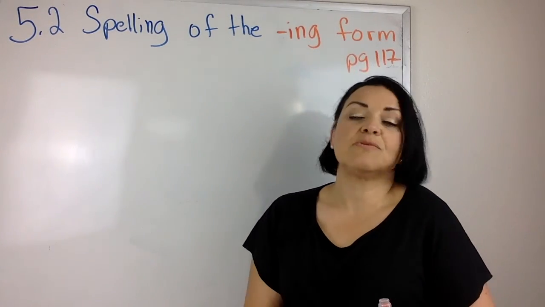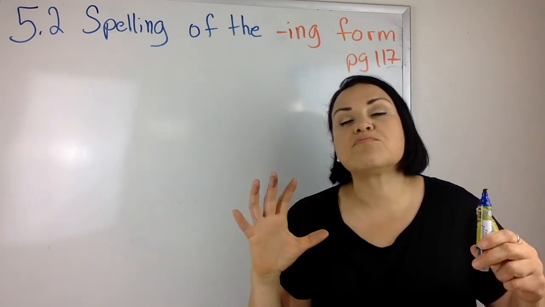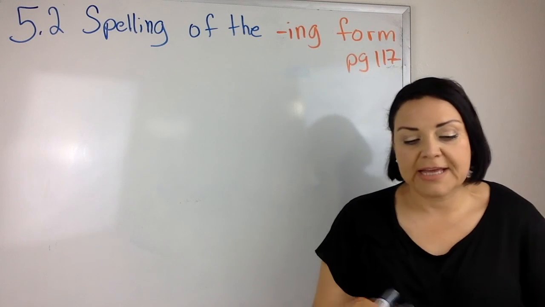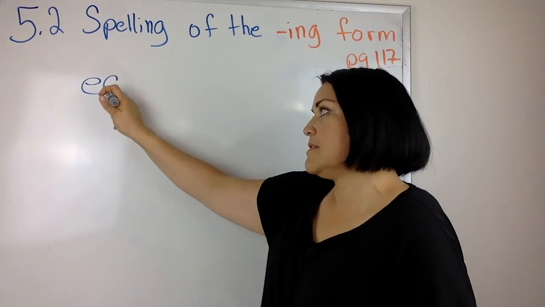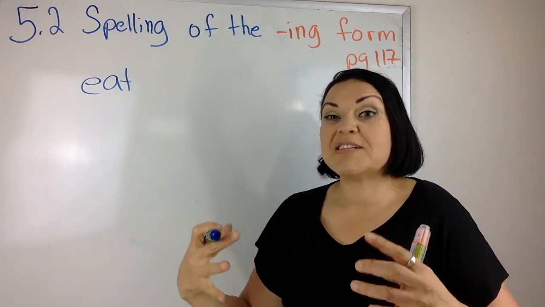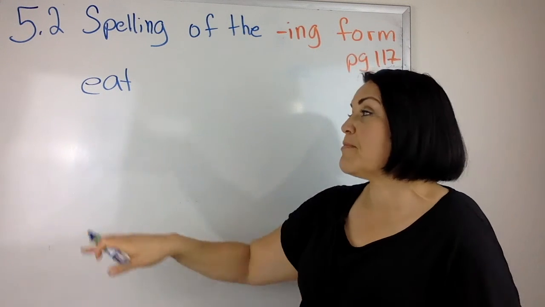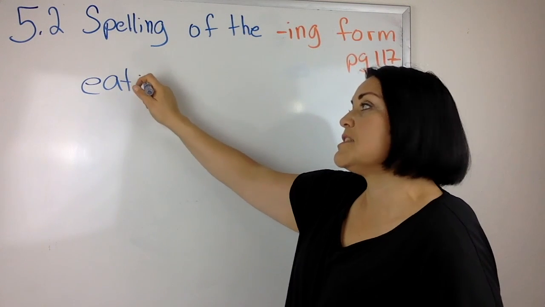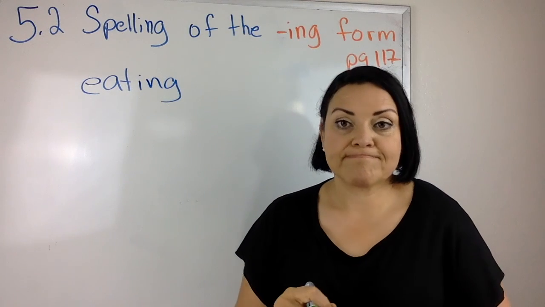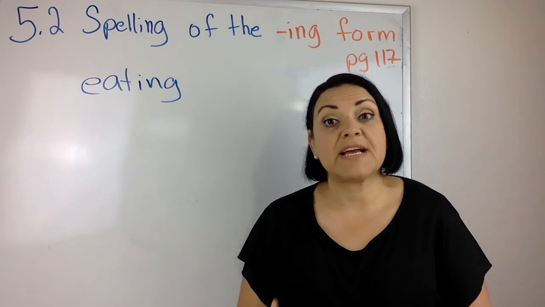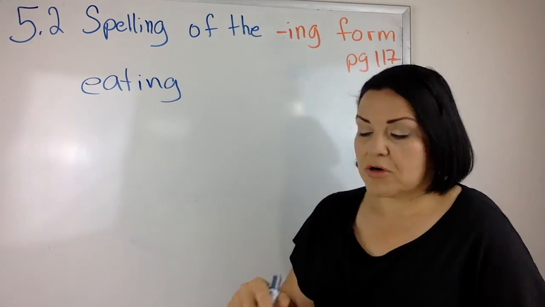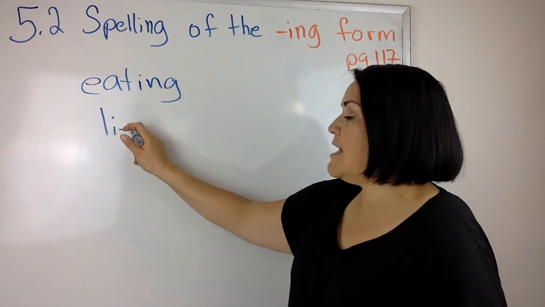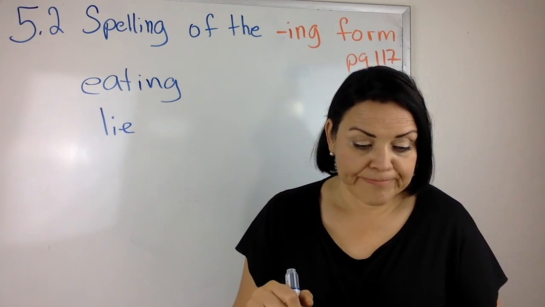Okay, and the last one. The two main rules, I feel, are that the ones I just went over might be harder to remember, but most verbs you're just going to add ing. The other one that comes up a lot is words that end in IE.